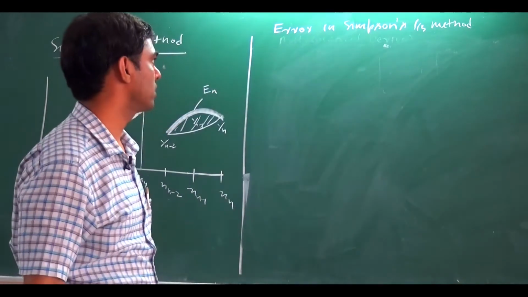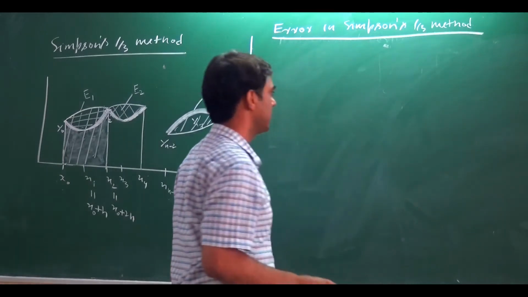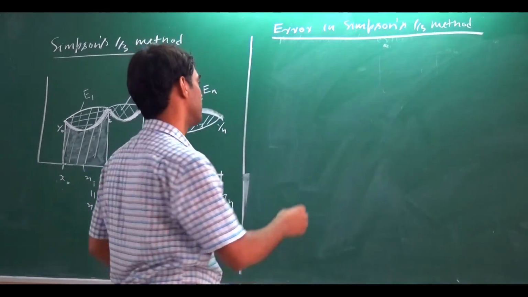First we write the error in the Simpson 1/3 method. We write the Taylor series.